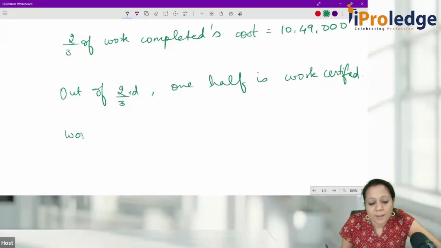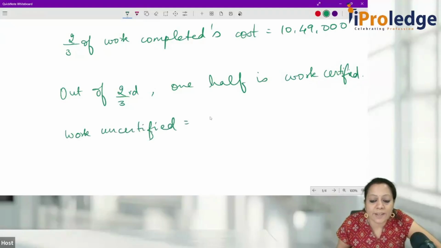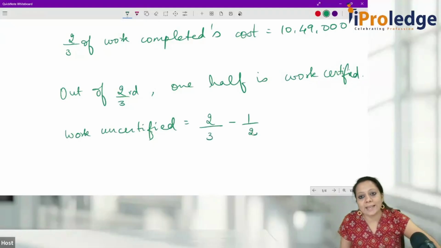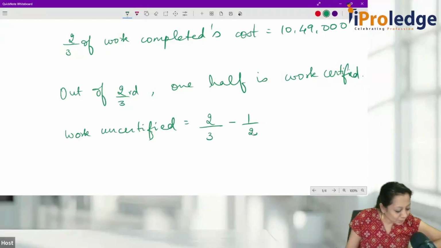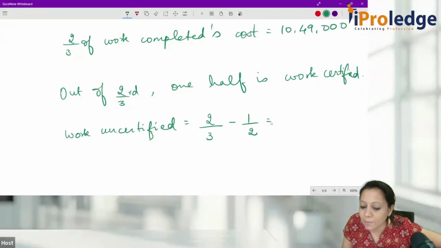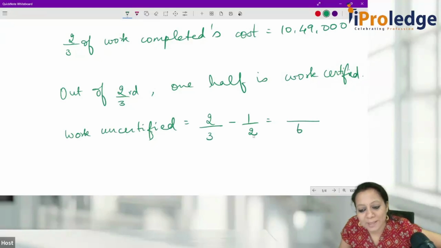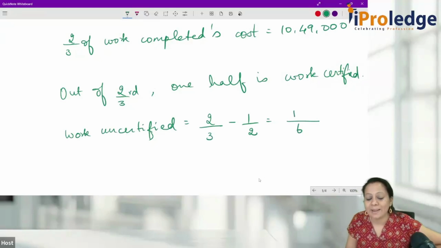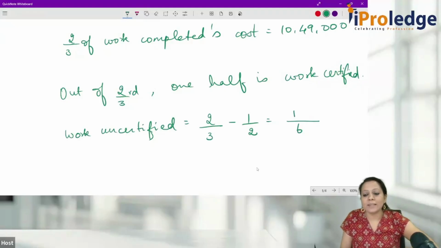That means for work uncertified, we are not making any imagination. All this is given in the question, correct? Work uncertified is going to be two-thirds minus 1 by 2. You all know how to take LCM. It is going to be 4 minus 3 over 6, that is 1 by 6. So work uncertified is going to be 1 by 6.